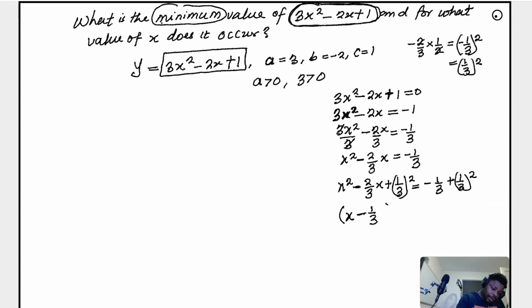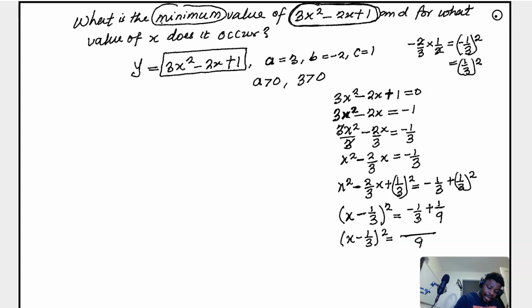So that is squared, is equal to minus 1 over 3 plus 1 squared is 1 and 3 squared is 9. Okay, so here I can write x minus 1 over 3 all squared is equal to, this is 9.